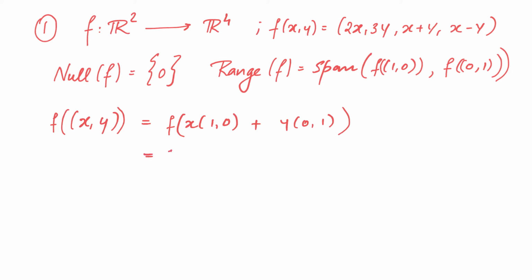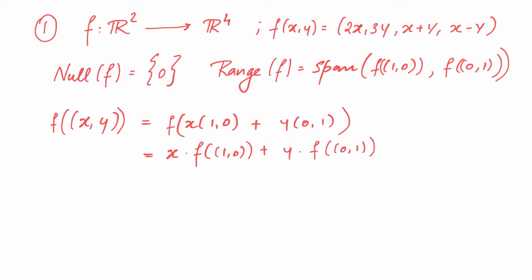But by linearity, this is equal to x times f(1,0) plus y times f(0,1). Therefore, any vector in the range can be written as a linear combination of f(1,0) and f(0,1). And thus, range of f is indeed the span of these two vectors.